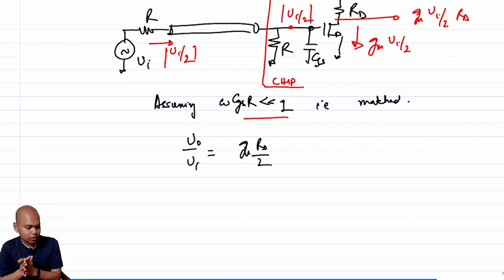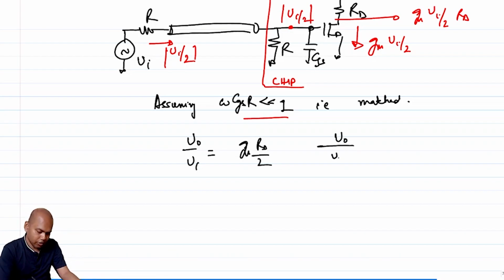Gain is with respect to a matched interface, with respect to the signal that is going in. So typically your gain is with respect to Vi by 2, so essentially V naught over Vi by 2, which is essentially Gm Rd.